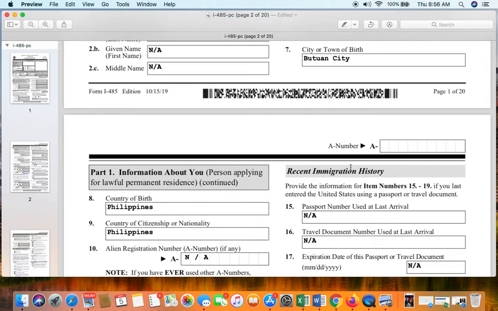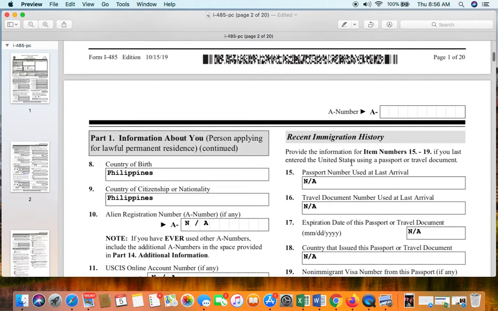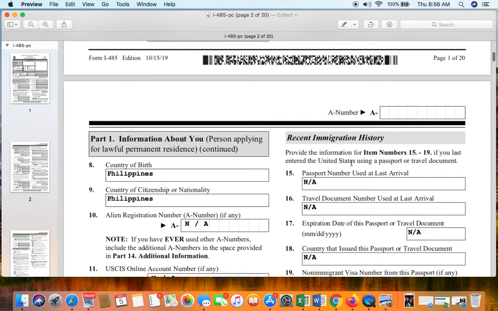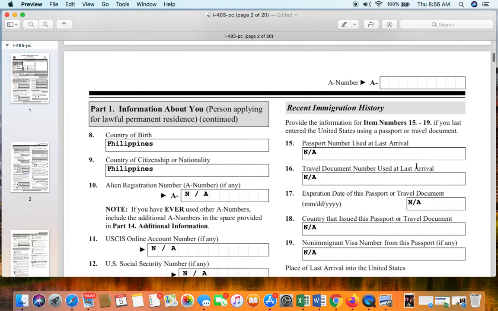Provide information for items 15 to 19 if you entered the United States with a passport or travel document. If you and your K2 arrived here in the United States of America using a passport, you can put the passport number right here.